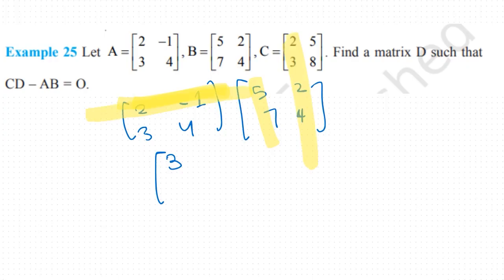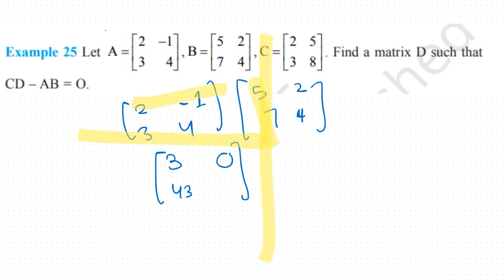It's confusing. 4 and minus 4. Okay, 0. Then second row, first column. 15 plus 21, 28, which is 43.